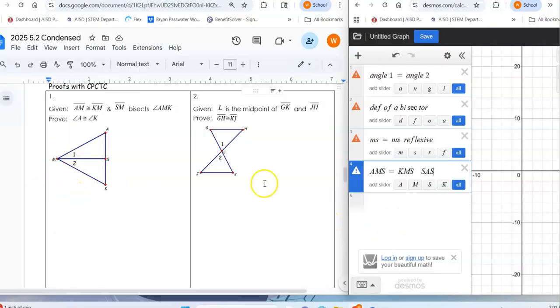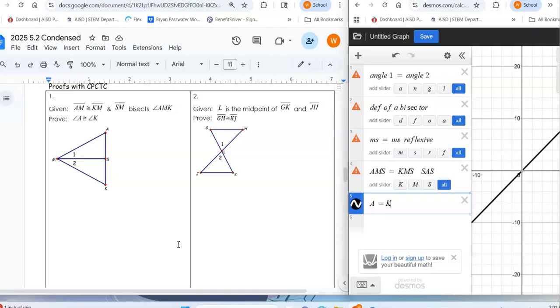All right, now that I have identified that these two triangles are congruent to each other, I'm now allowed to prove this. So now I'd actually write what I'm proving: angle A is congruent to angle K. I can't make the angle symbol, and I can't make the congruence symbol in Desmos for some reason.